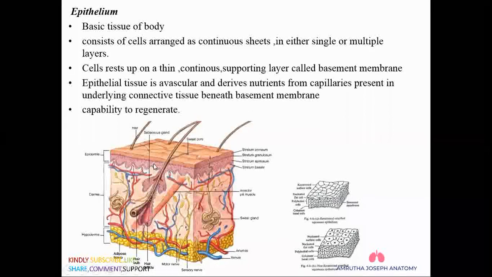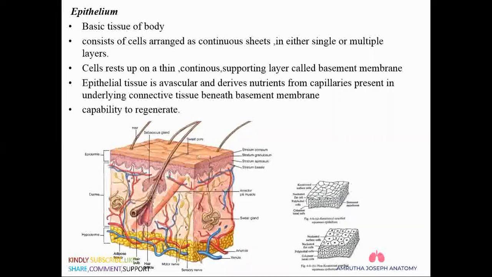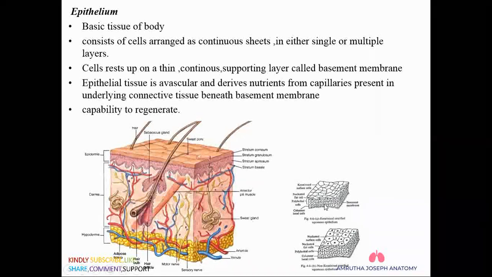It consists of cells arranged as continuous sheets, where it can be a single layer of cells or multiple layers. This diagram shows that the cells are arranged in multiple layers. So it can be in multiple layers sometimes, or in a single layer.